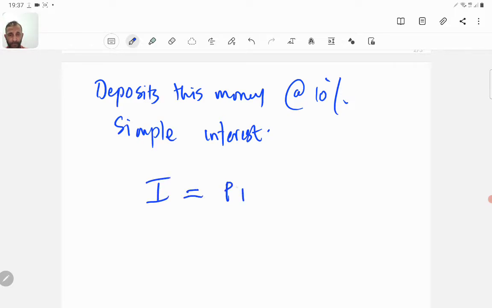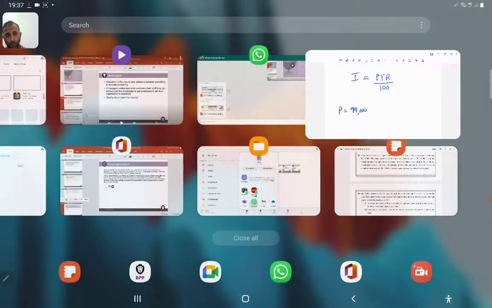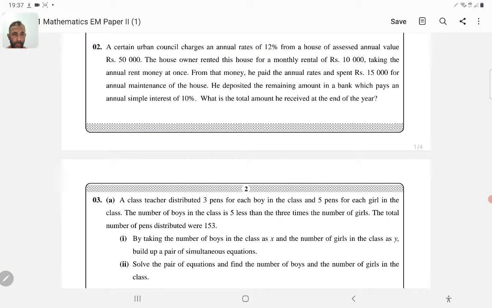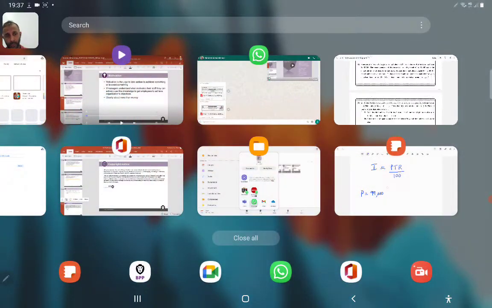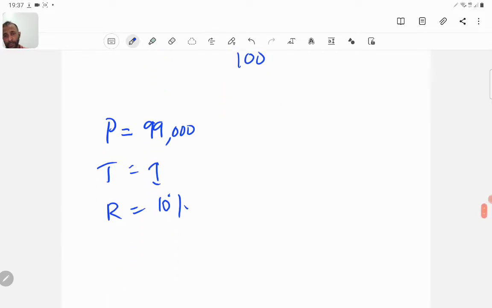P is equal to 99,000, for 1 year, so T is equal to 1 and R is equal to 10%.